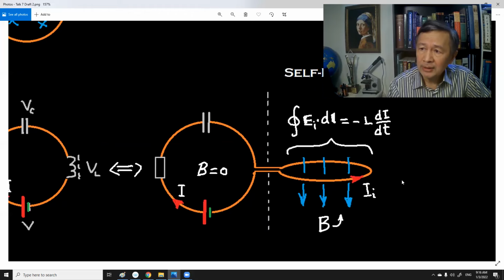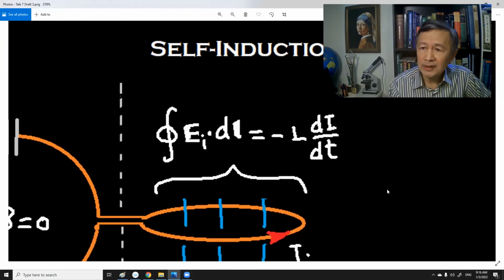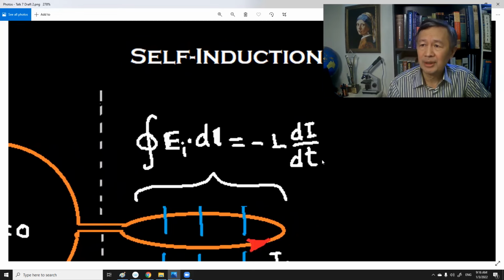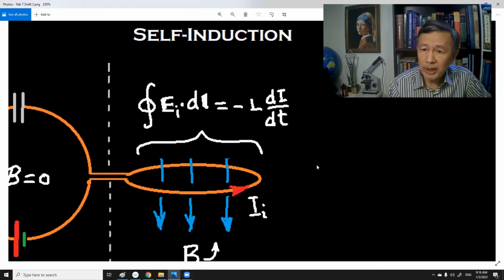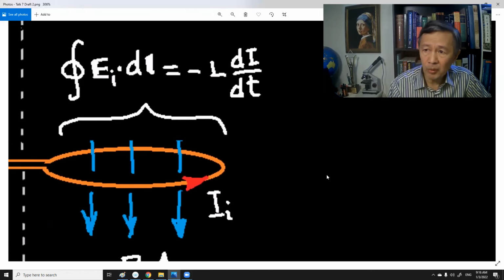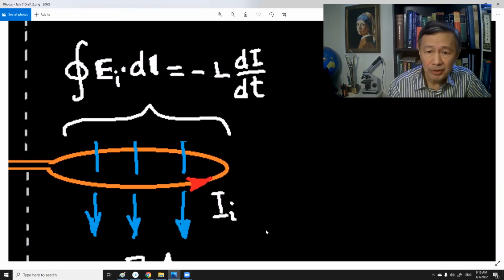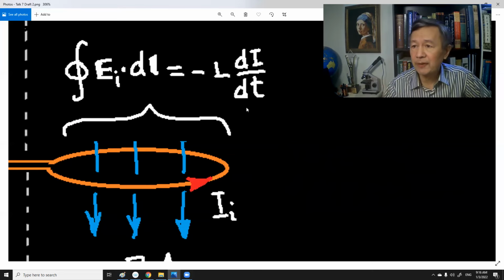So that is how this induced voltage appears. By the way, if you do want to apply Faraday's law, you can follow this loop, and by considering each part as acted on by the induced electric field, you can still apply Faraday's law in this loop in order to work out that induced voltage.